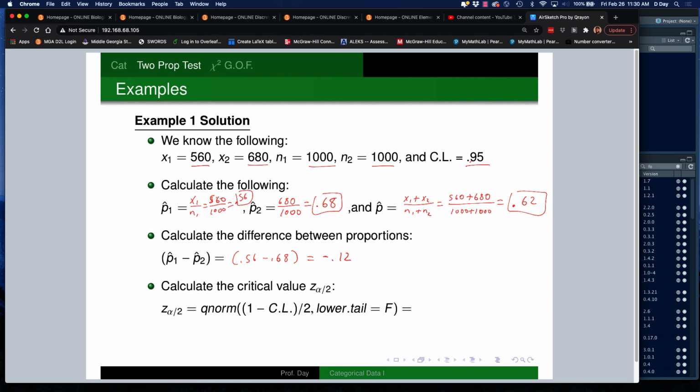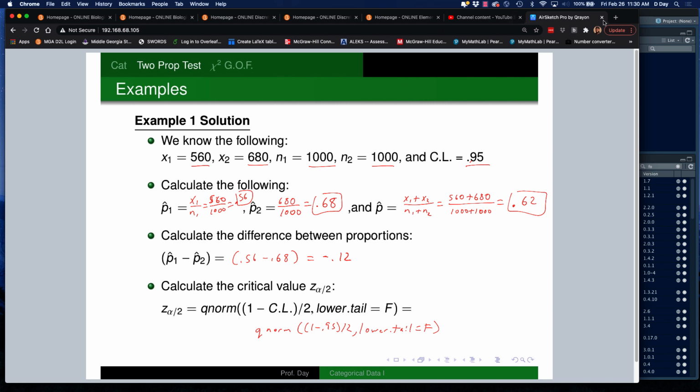And then we need to calculate our critical value. So in here, we're going to use qnorm. I use this formula just straight up. I put 1 minus the confidence level, which is 0.95, divided by 2, and then lower.tail equals FALSE. Pay attention that I put parentheses around the 1 minus 0.95.